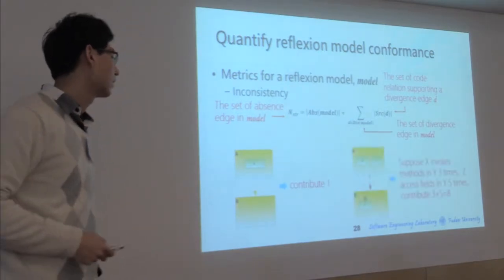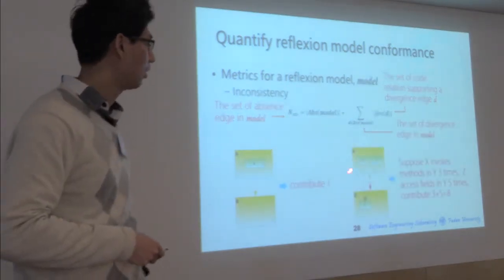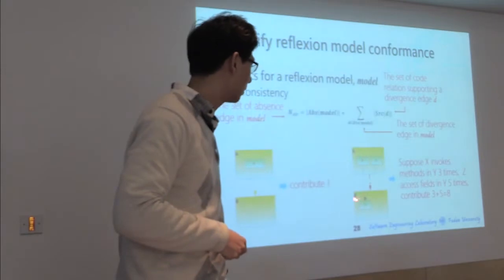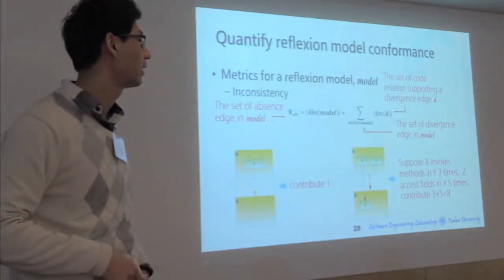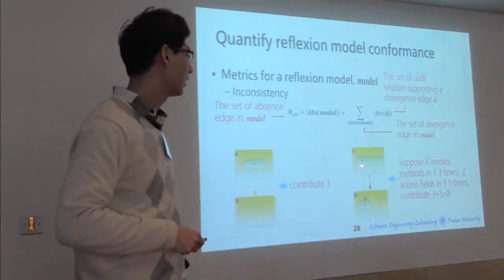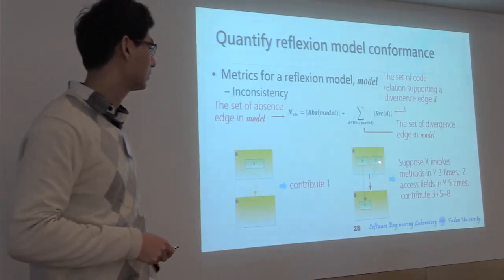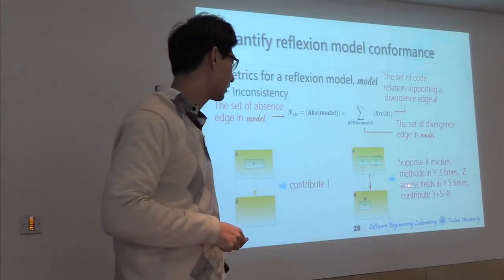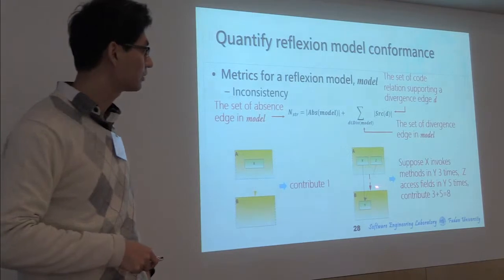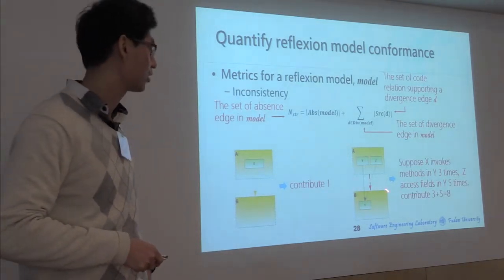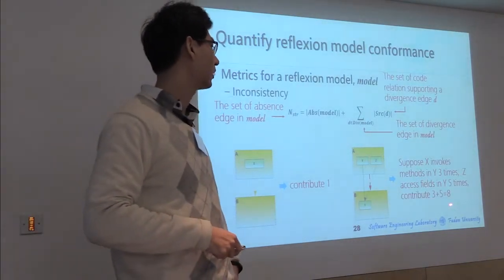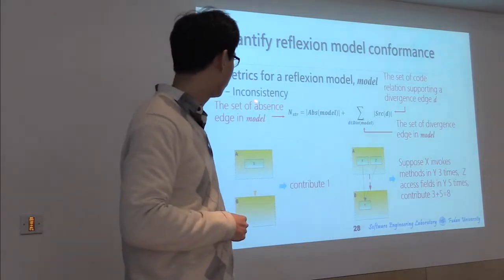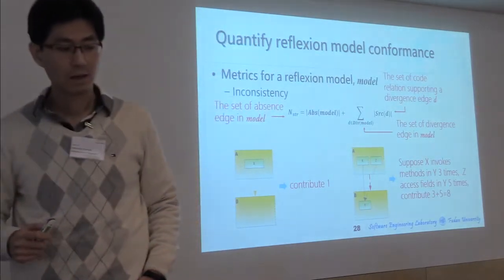For example, given a module A that should not depend on module B, but there is a divergence edge there. Suppose the X class invokes Y 3 times and the Z class accesses a field in Y 5 times. So such a divergence edge contributes 3 plus 5 equals 8 to the inconsistency.